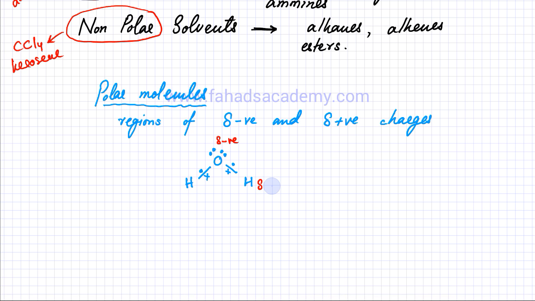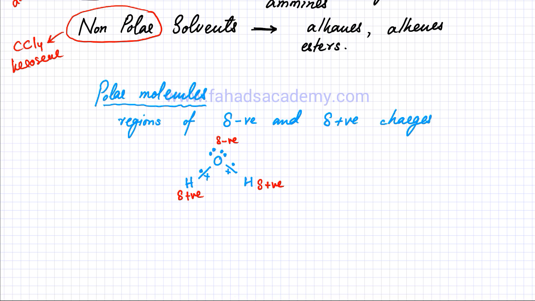Remember, nuclei of atoms contain protons which are positively charged. So if anything comes close to hydrogen, it's going to experience a slight positive charge. So a water molecule is polar, and the reason it's polar is that it has regions of slight negative and slight positive charges.